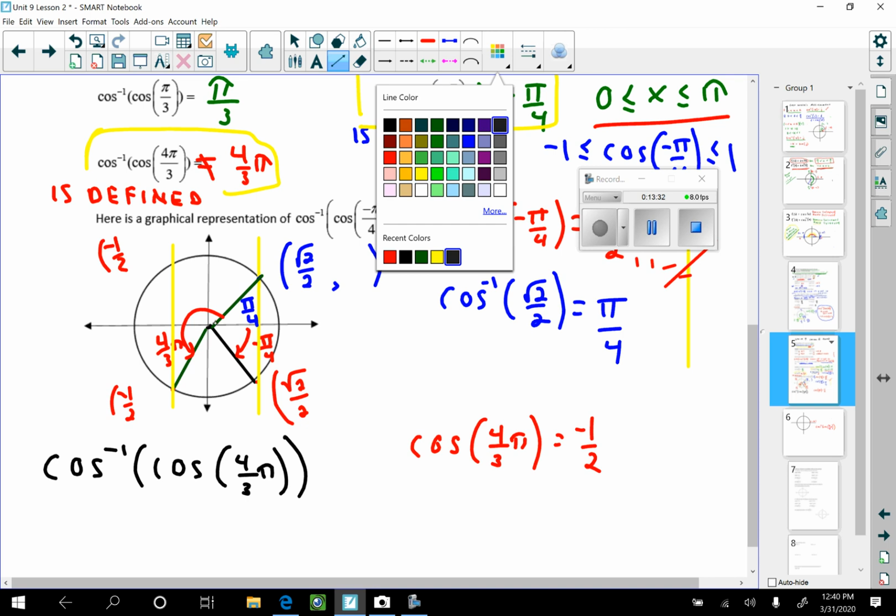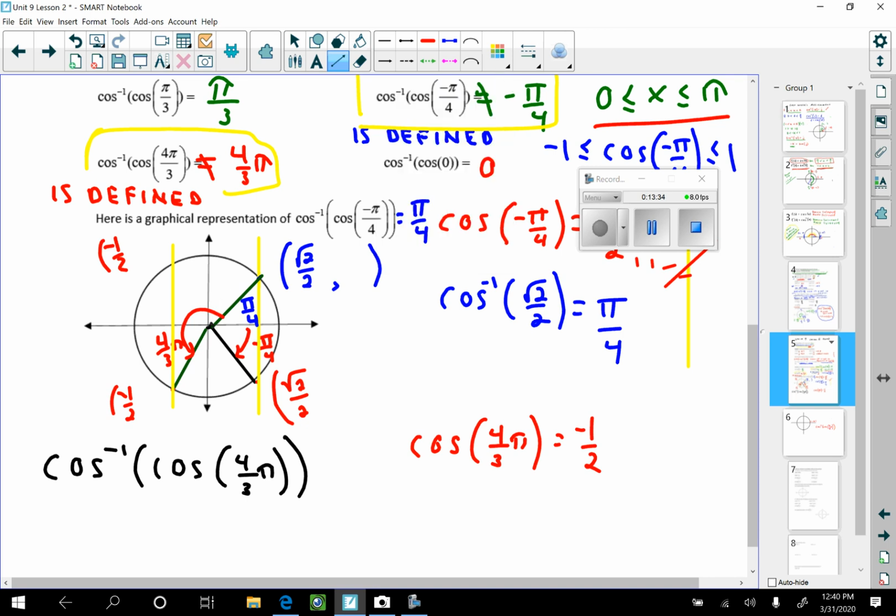Let's do this in a funky color right here. What is that angle? Let's start here. That angle right there is 1/3, 2/3. So this guy here is 2/3 pi, because cosine of 4/3 pi is the same as the cosine of 2/3 pi, and 2/3 pi is between 0 and pi.